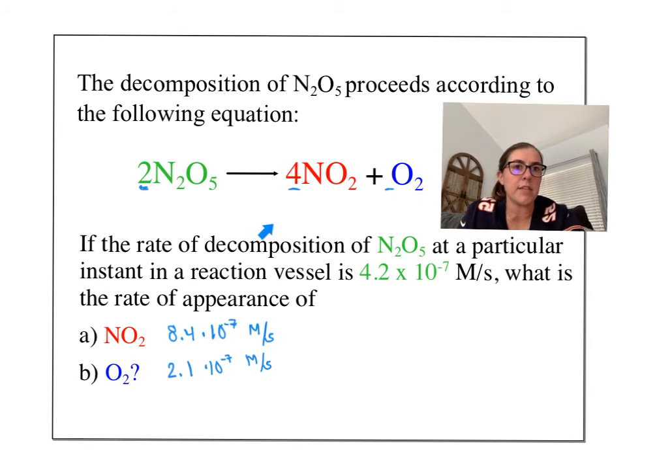Well, I know that N2O5 is going to be used up twice as fast, and I know that NO2 is going to appear 4 times as fast as the O2 appears, right? So if I know this, I can figure out the other two. If I knew NO2, I could also figure out the others. So really, these are useful problems because if you know the instantaneous rate of one of the species in a balanced equation, you can figure out the instantaneous rate of the others.